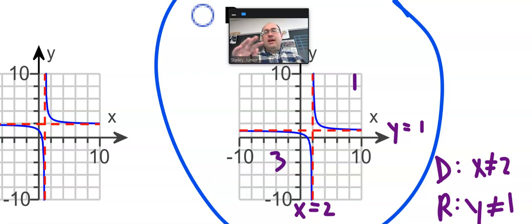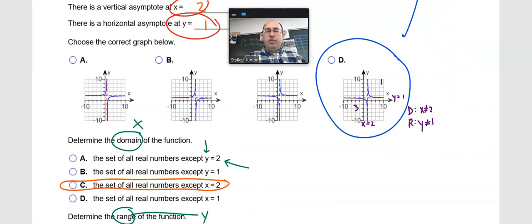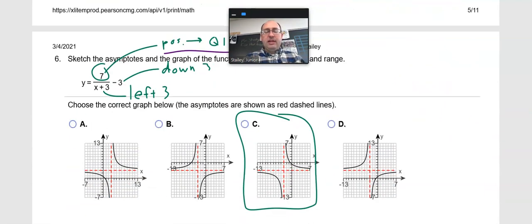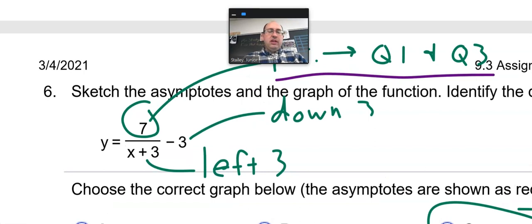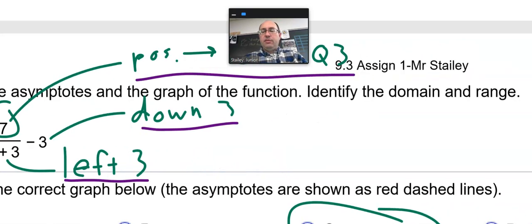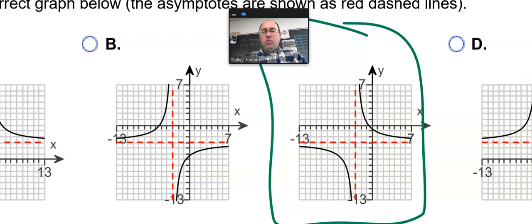Same thing's happening down here, but we moved left 3 and down 3. So if we come here, we see on answer choice C, we went left 3 and down 3.